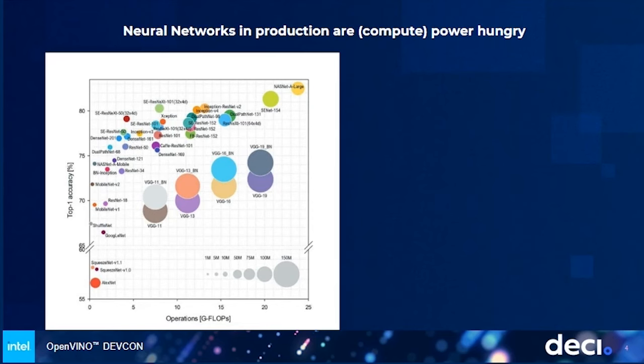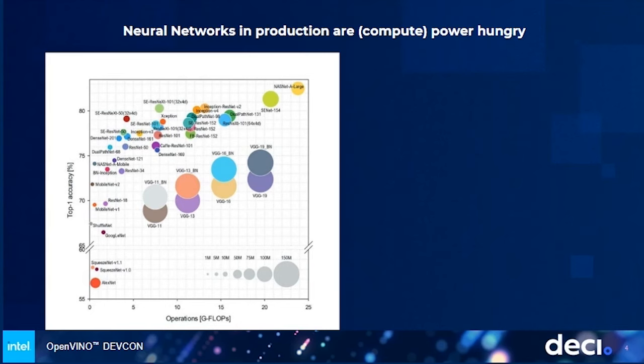Okay, so let's start. Since 2014, deep learning models are getting more accurate, but at the same time, they're getting bigger, slower and more compute hungry. For instance, in this graph, we see the evolution of ImageNet classification models since 2014.